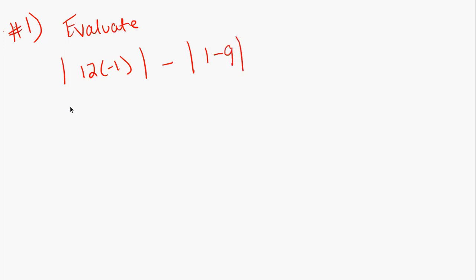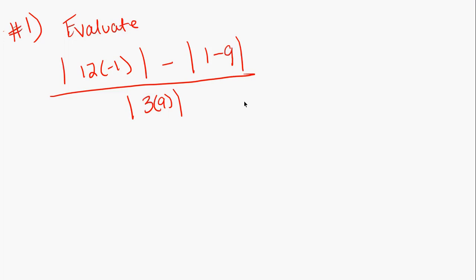So number 1, it says evaluate using order of operations. So we have 12 times -1, absolute value, minus absolute value of 1 minus 9, all over the absolute value of 3 times 9.